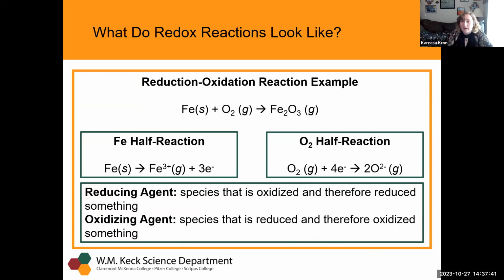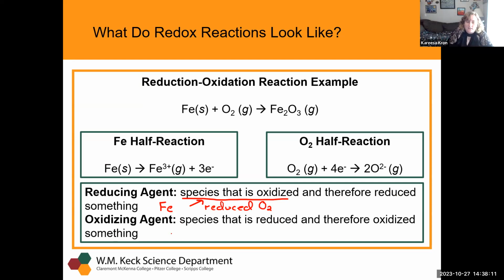Additionally, we also have specific vocab we use called a reducing agent and an oxidizing agent. And so a reducing agent is the species that gets oxidized and therefore has performed some reduction as the agent of that action. So here, our iron was oxidized, which meant that it reduced our oxygen.